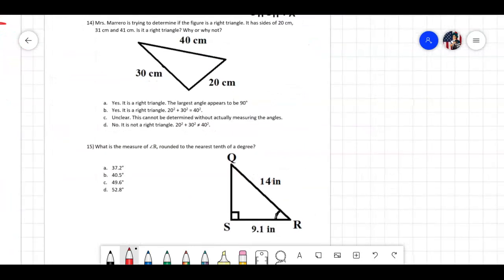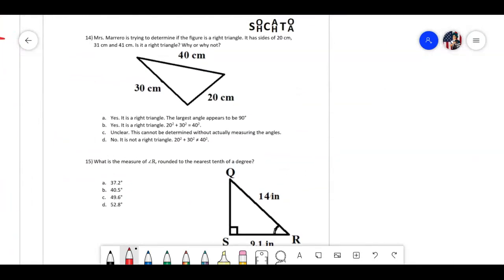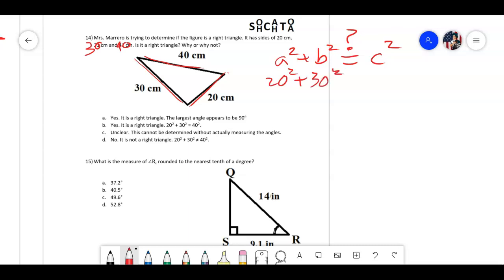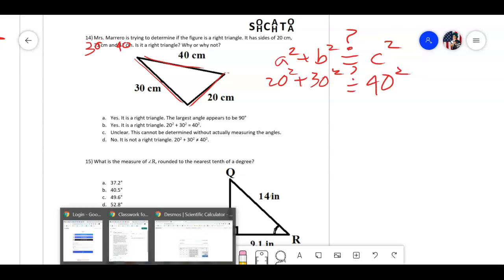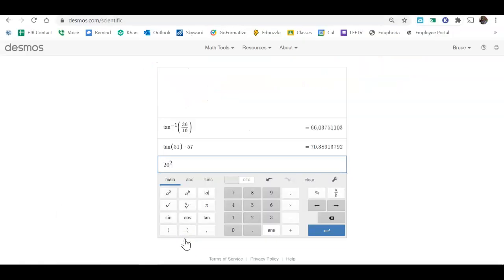All right, last but not least, these last 2. Another typo here. This is supposed to be 30. This is supposed to be 40. Is it a right triangle? Okay. So here's what you always want to do. Is this a right triangle if a squared plus b squared question mark equals c squared? So if we have 20 squared plus 30 squared, does it equal question mark 40 squared? Let's do a quick calculation. 20 squared plus 30 squared.